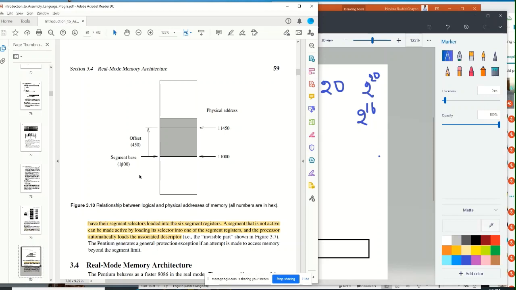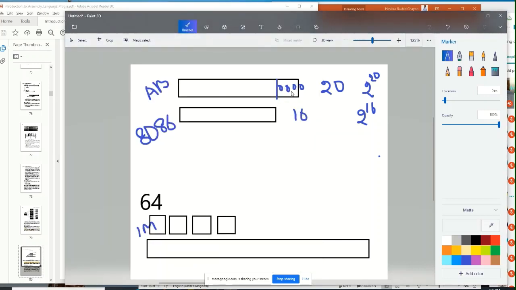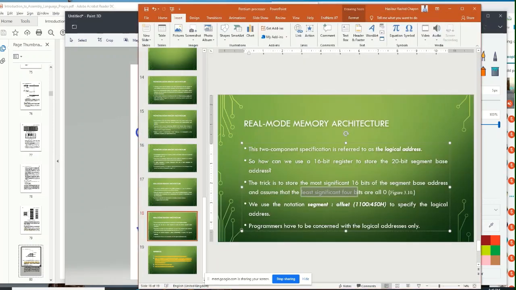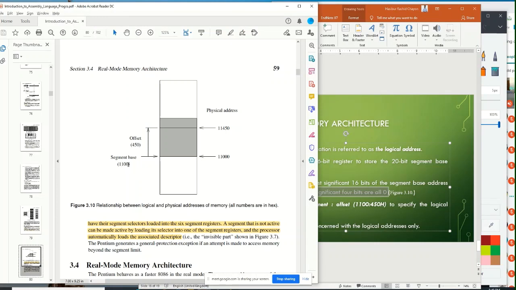Yes, sir. 16 bits. But our original address bus is 20 bit, right? So what is the rule? The rule is we assume that the least significant 4 bits are all 0. That means, where is the least significant bit here for 1100? This side, right? 0.